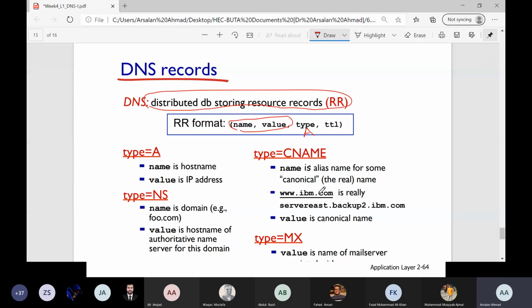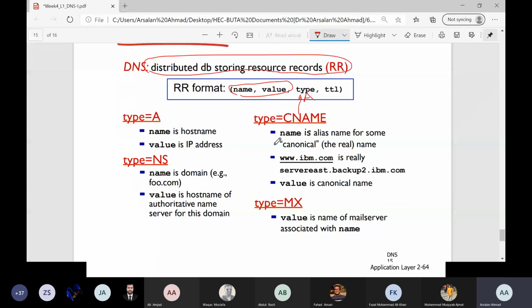For example, this is the record type CNAME. The name will be www.ibm.com, and the value will be its canonical name, which is serveris.backup2.ibm.com.